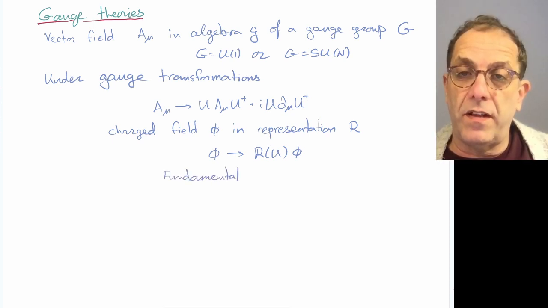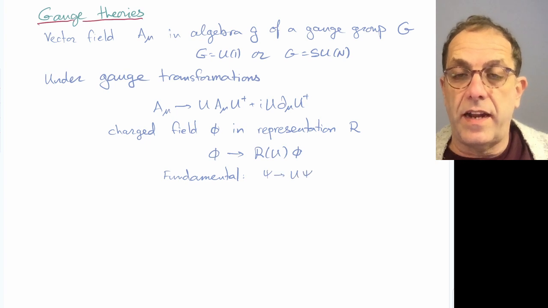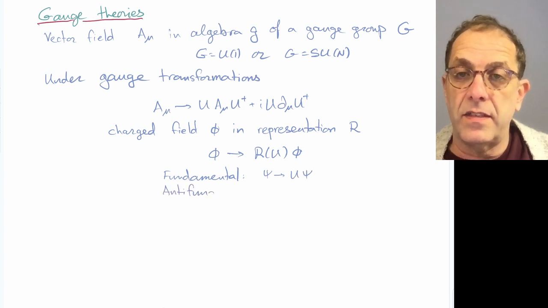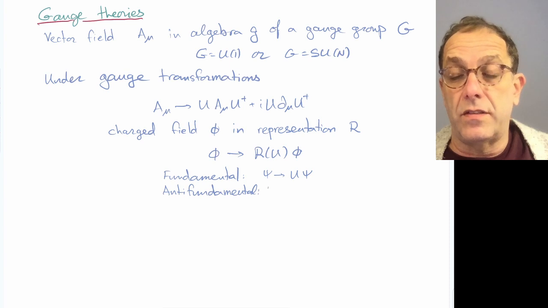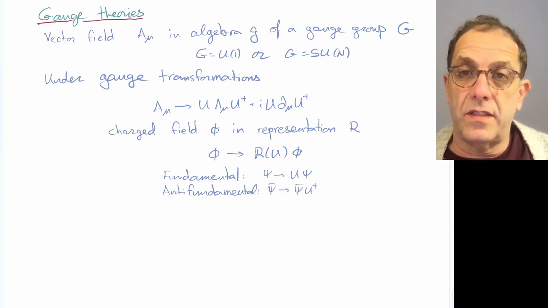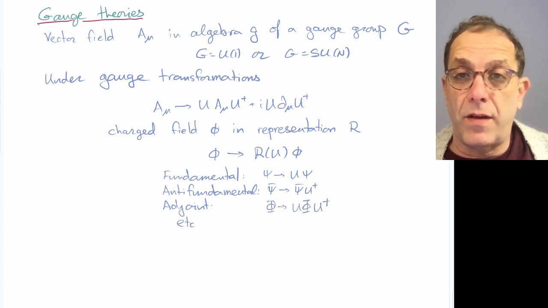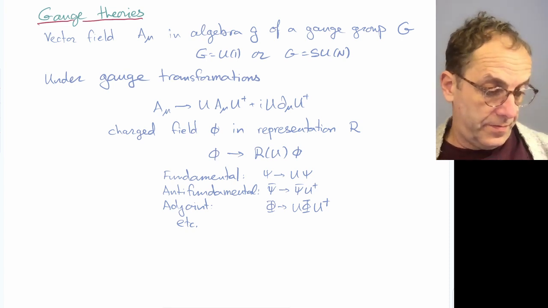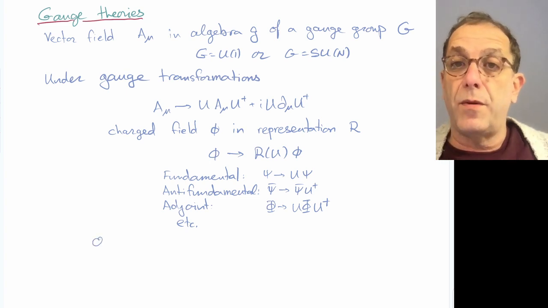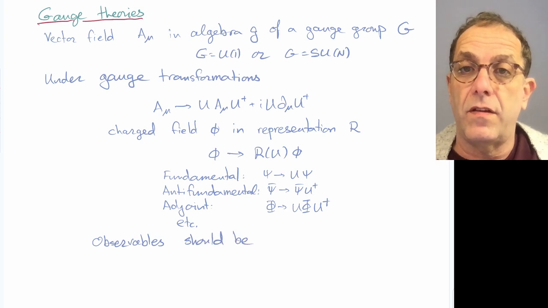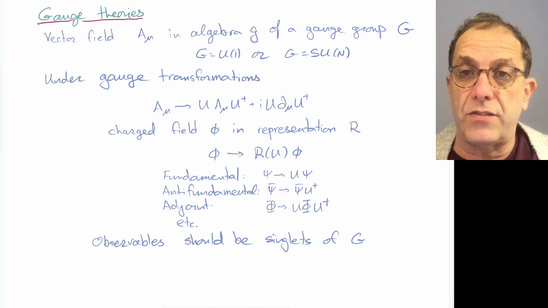A fundamental field transforms like this, and an anti-fundamental like this, and an adjoint gets conjugated, which is the action in the adjoint, and there can be many other fields and other representations. I will not write them here. Observables need to be gauge invariant, meaning they should be singlets of the gauge group G, and they should transform to themselves under gauge transformations.